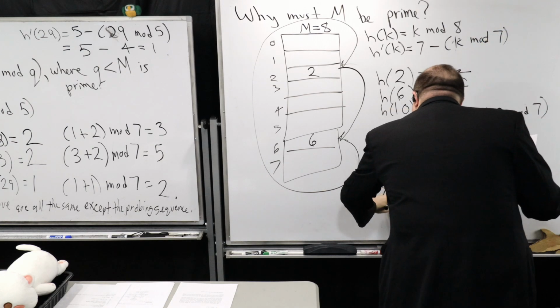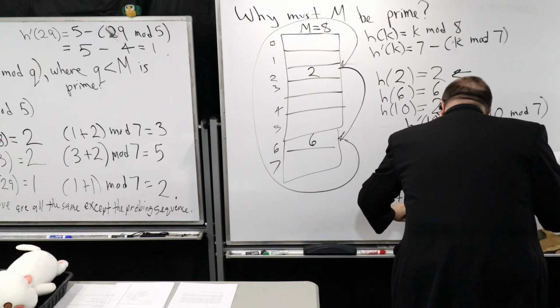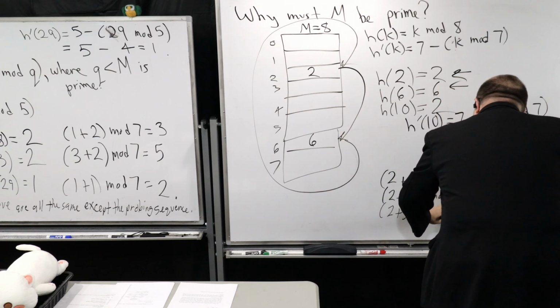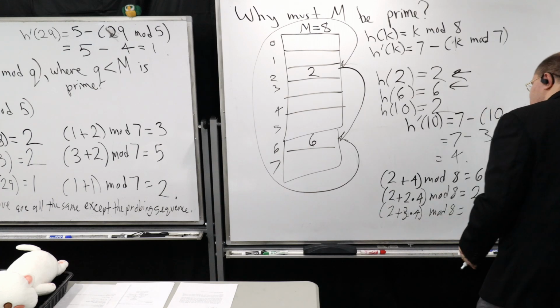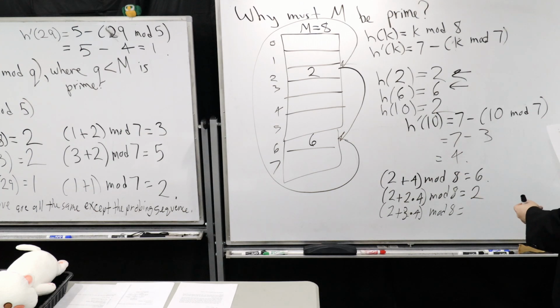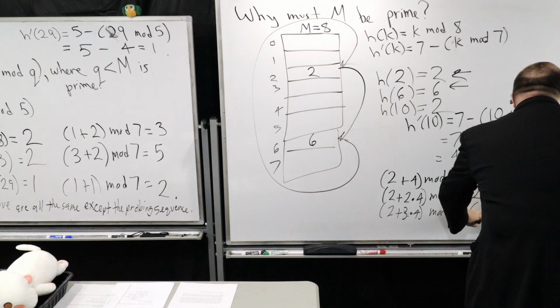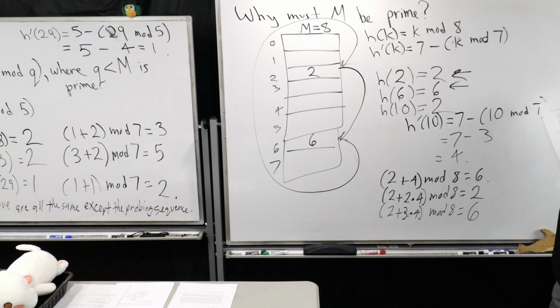And now I'm going to attempt this again. 3 times 4 mod 8. Well, 3 times 4 is 12, plus 2, that's 14. Well, if you think about it, that's just 2 less than 16, right? So you know it's going to be 6 again.